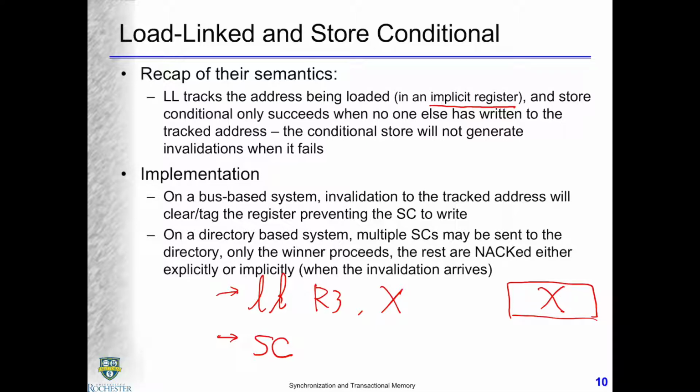If someone wrote to it, we would know, thanks to coherence. We would say, oops, this is invalid. You can remember this is invalid, no longer useful. And then when we try to do a store conditional, we will check this bit. If it's already invalid, the store conditional would not continue because it's a conditional store.